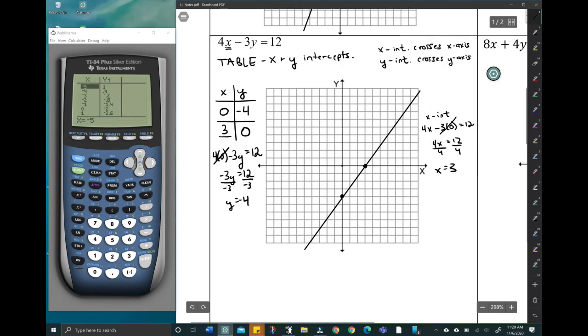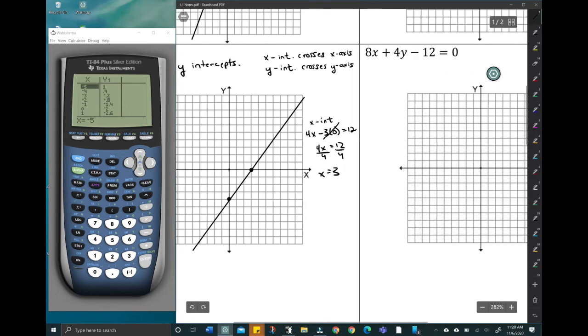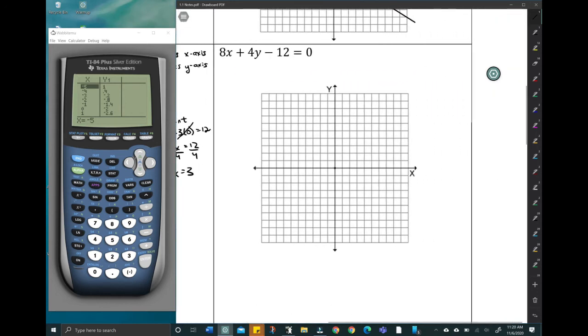The other method is to solve for y. Now this one's all mixed up, so you might just want to decide whether you want to put it in y equals form, or use the table method. I'll also show you that you can solve for y in order to use slope-intercept. So to solve for y, I would subtract 8x from each side.